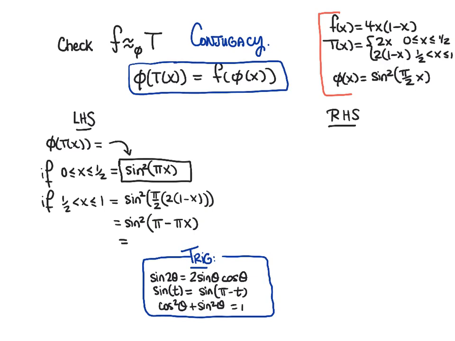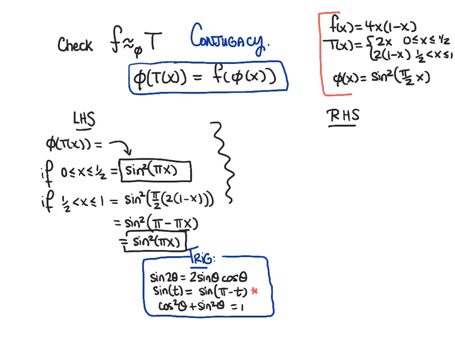And by the second property, a translation by pi and a flipping of sign will leave us with what you have here. So this is sine squared of pi x. So we end up with the same thing, which is good.